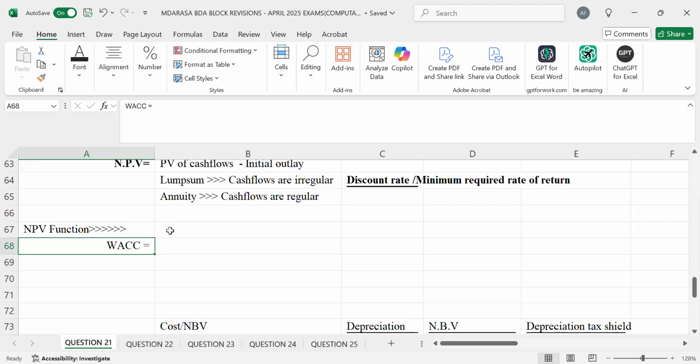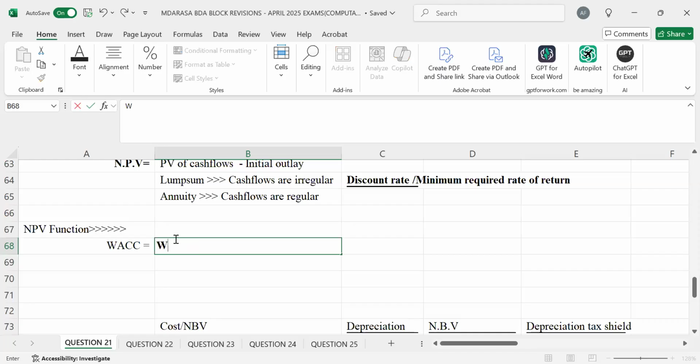And the average cost of raising these funds is where the WACC comes in. So in determining the WACC, number one, we consider the weight of equity times the cost of equity.